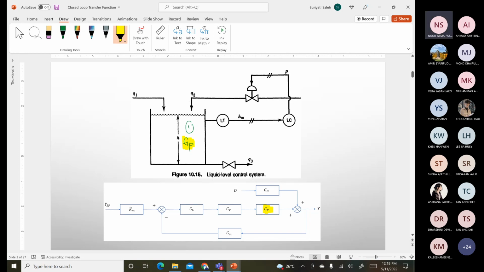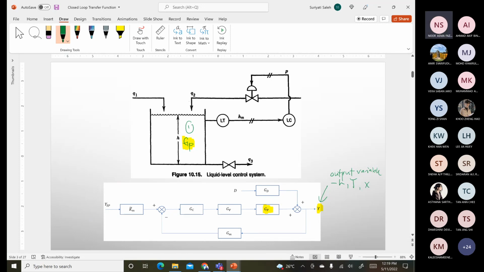And then the outcome, of course, will be our H. If we take a look at the block diagram here, you have the Y. The Y here represents the output variable, where the output variable may come in the form of level, temperature, composition, and so on. Since we're using the liquid level control system, your Y should be your level H.